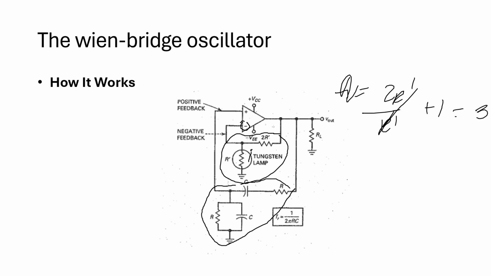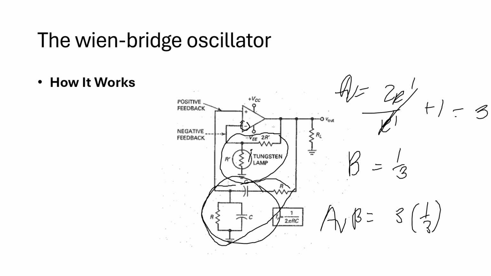Since this lead lag circuit has B equivalent to 1/3, our loop gain will be equivalent to 3 multiplied by 1/3, thus giving us a value equivalent to 1.